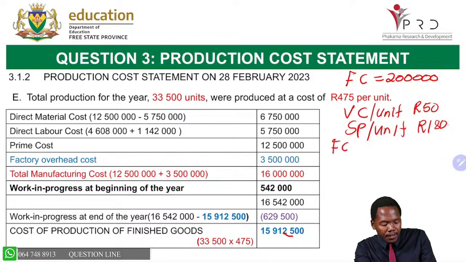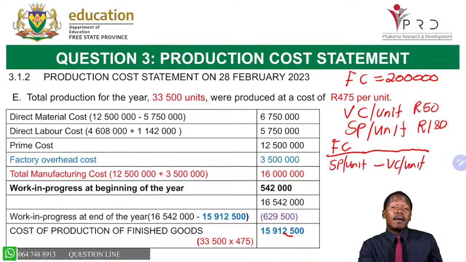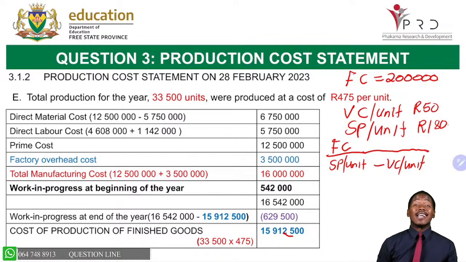My formula would say fixed cost divided by selling price per unit minus variable cost per unit. Remember, the selling price per unit minus variable cost is your contribution per unit.